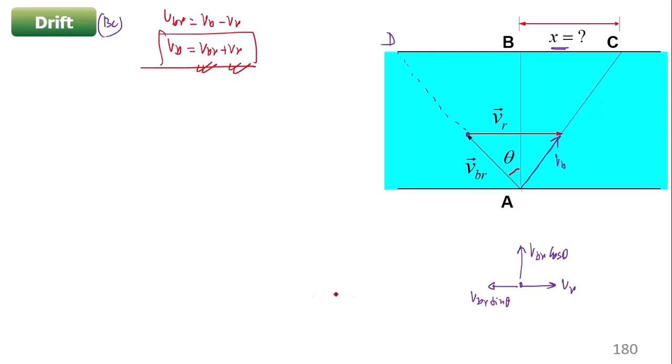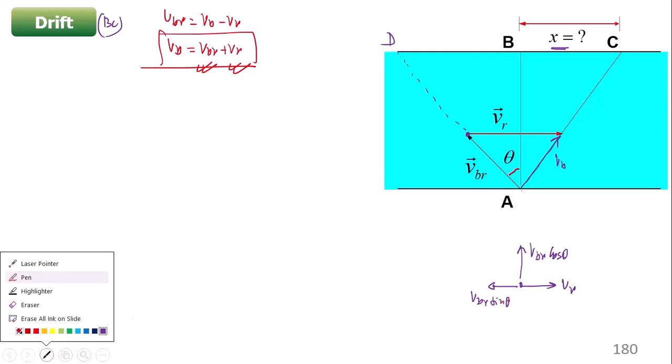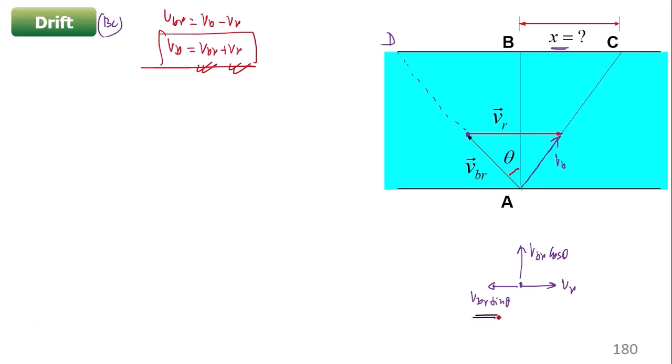Now first we assume that the VBR sin theta component is less than that of VR. So the components are VBR sin theta, VBR cos theta, and along this it is VR minus VBR sin theta.